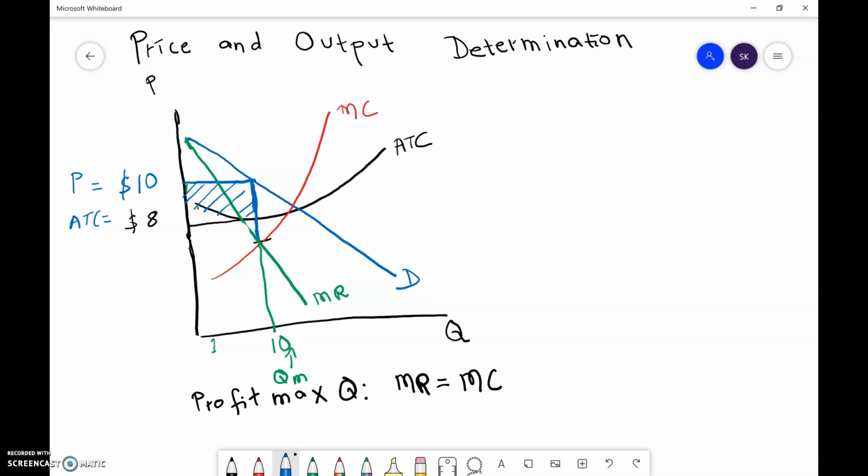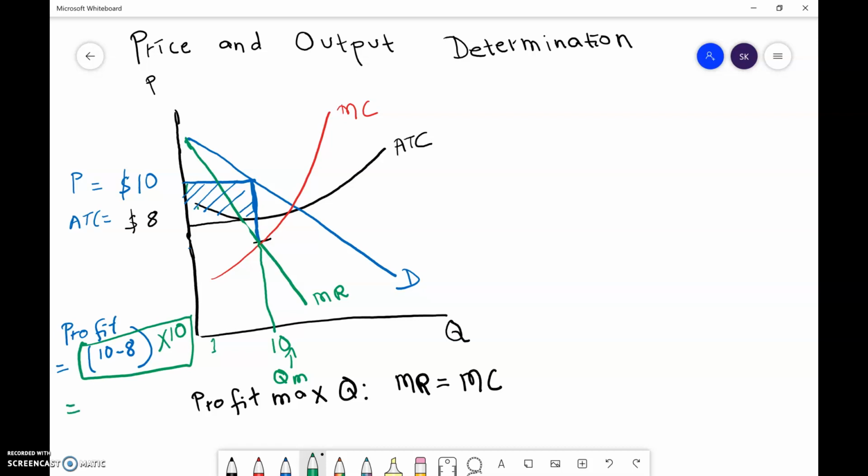So I can write the profit is equal to price minus average total cost, 10 minus 8, and what am I missing out on? Times the output level, which I found out here as equal to 10 units.